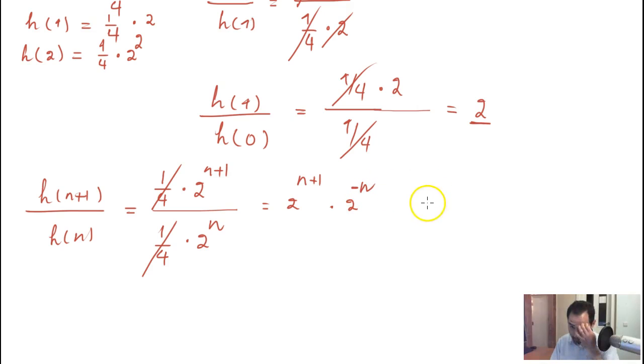So this is equal to 2 raised to the power n plus 1 minus n, and the n terms cancel out, so you are left with 2 raised to the power 1, which is equal to 2. Always you will be left with 2 in this function. And in this function, this 2 is called the common ratio because you will always end up with this 2.